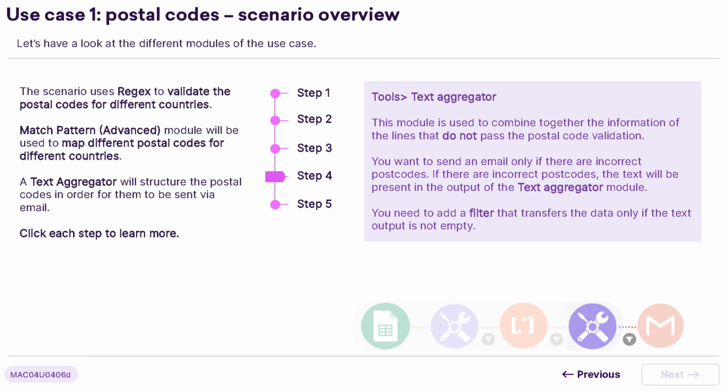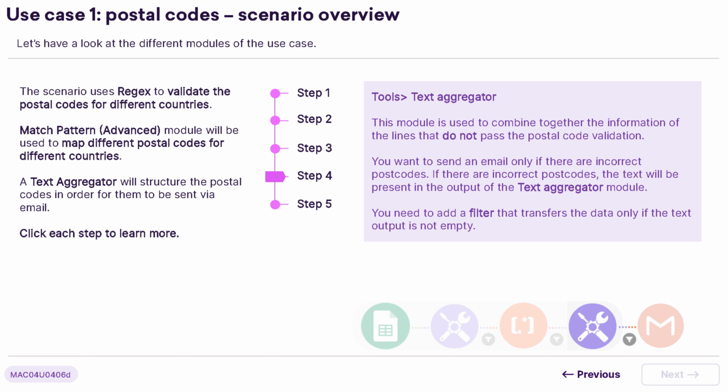Once validations are complete, the text aggregator module steps in. This tool organizes the results, particularly focusing on those postal codes that fail validation. The key task here is to prepare the information for communication. Importantly, we aim to send out email alerts only when incorrect postal codes are detected.